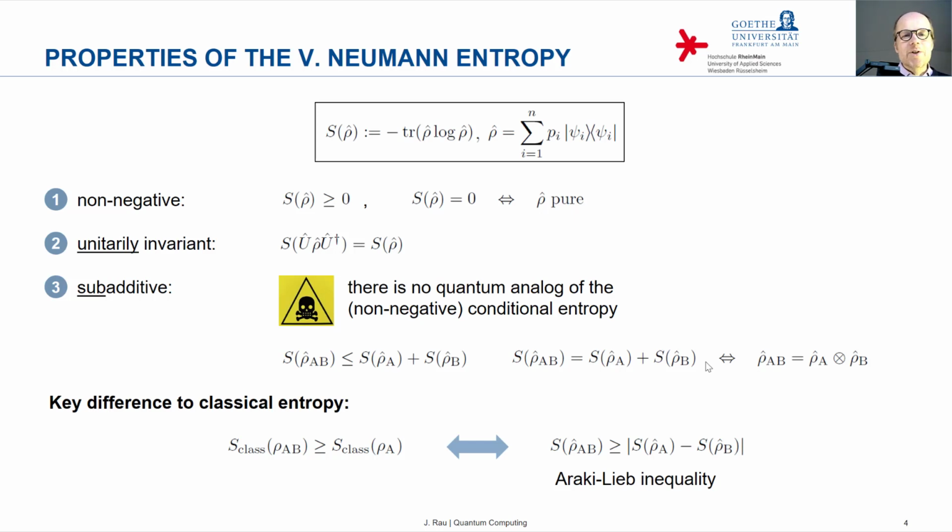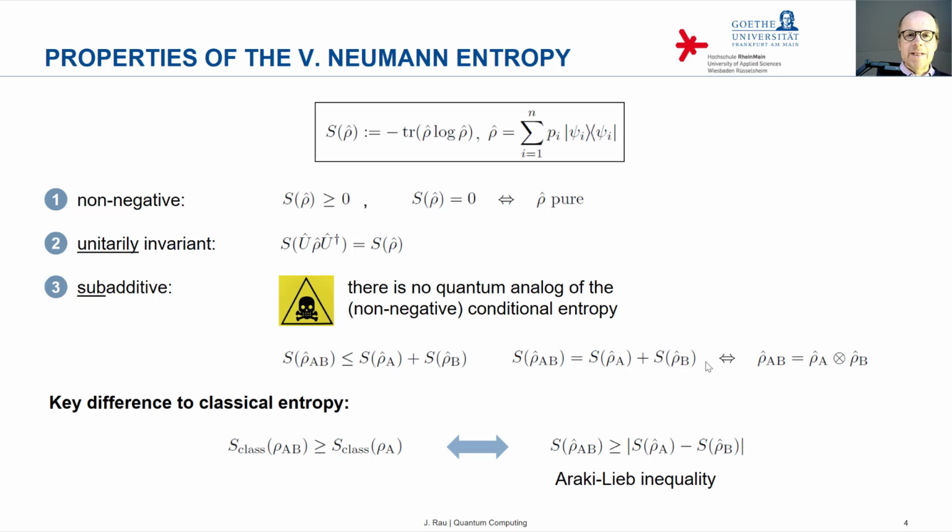We can quickly check whether this works out in our Bell pair example. Each individual member of the Bell pair is in the totally mixed state and has associated entropy equal to 1. And that's the same for both members of the Bell pair. So the difference of the entropies, S of rho A minus S of rho B, that's 1 minus 1.